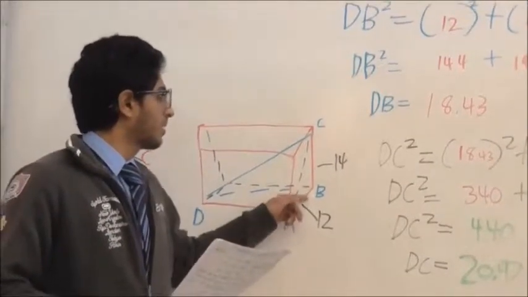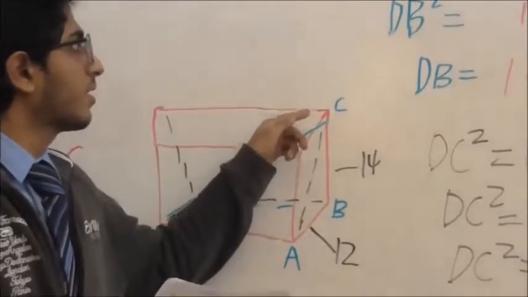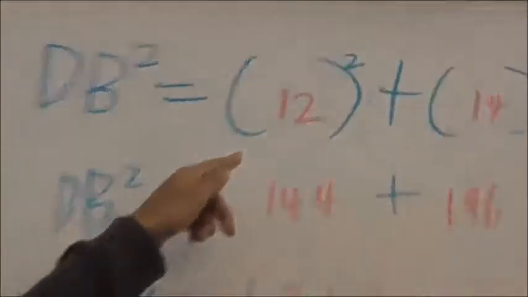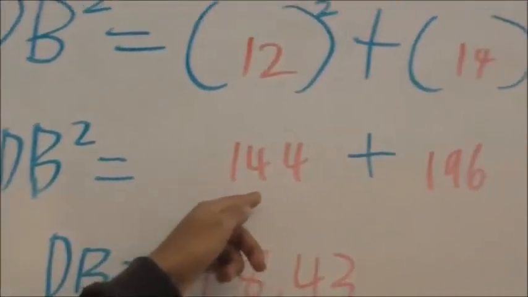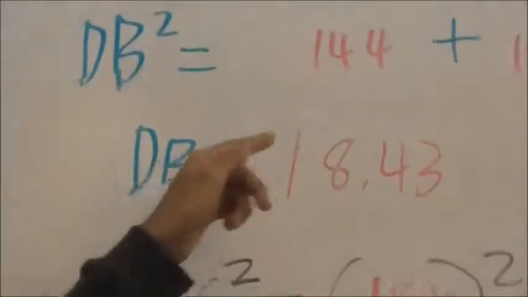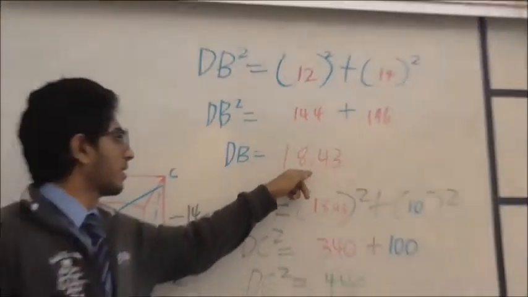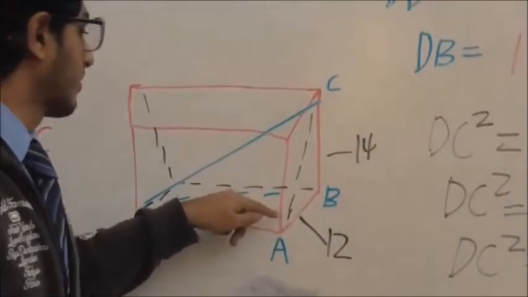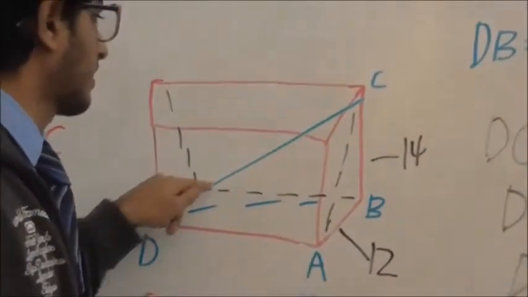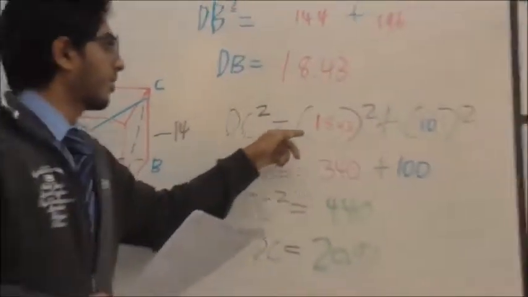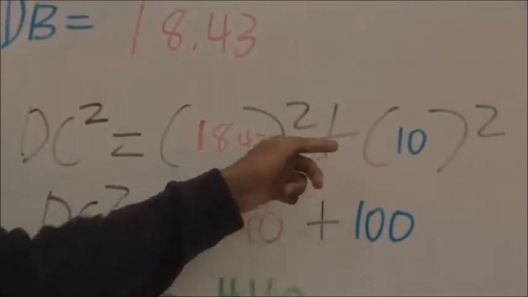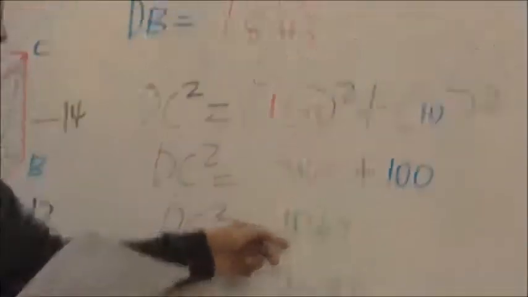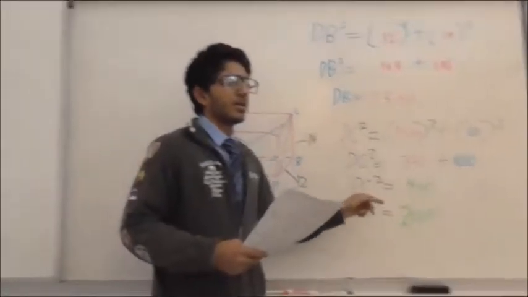We need to do AB squared plus BC squared to find DB squared, so that's 12 squared plus 14 squared, equal to 144 plus 196, and then DB will equal 18.43. So then you have this side right here, and then you do DC, which is outlined in blue. So 18.43 squared plus 10 squared is equal to 340 plus 100. So then you get the square root of 440 is equal to 20.97.